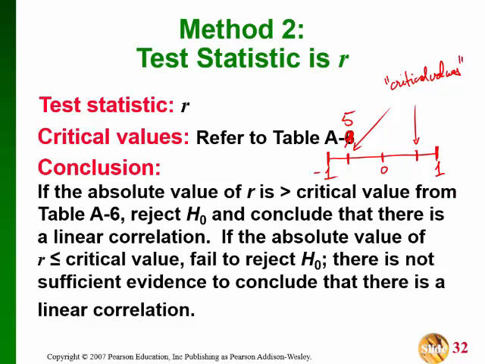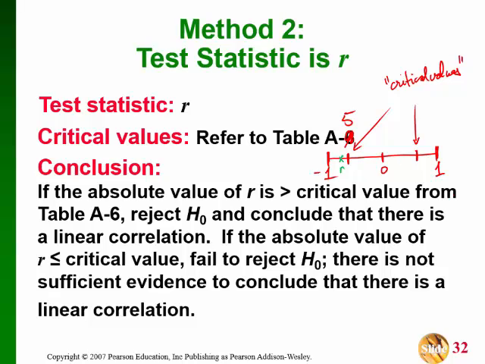And so what they mean by the absolute value is that when you finally plot your own r correlation coefficient that you found, if it's over here, then technically on the number line, your r value, your correlation coefficient, is less than the critical value.